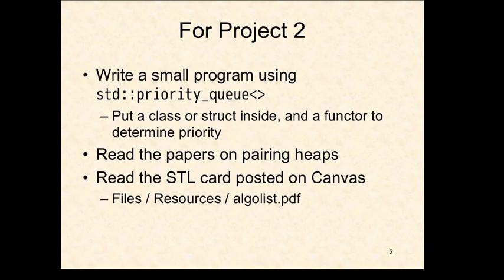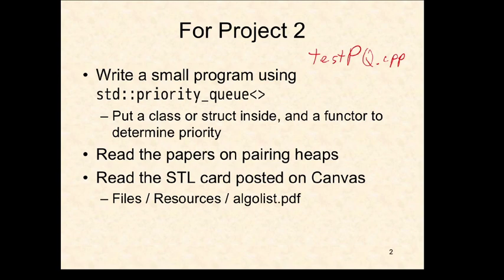First, about Project 2. Look at writing a small, simple program using standard priority queue to help you on Part A. Just put a few values inside. Look at the test PQ.cpp that we gave you, and look at what it means when you put integers in and take them out.